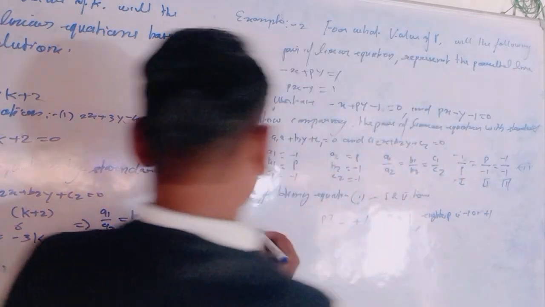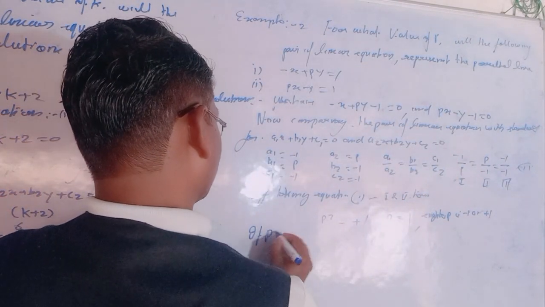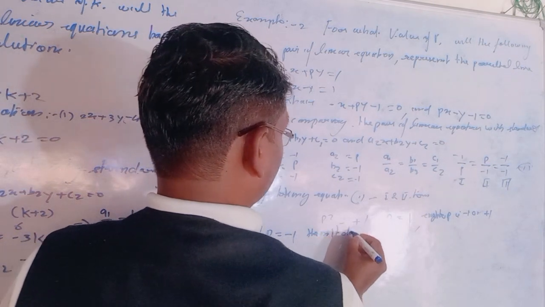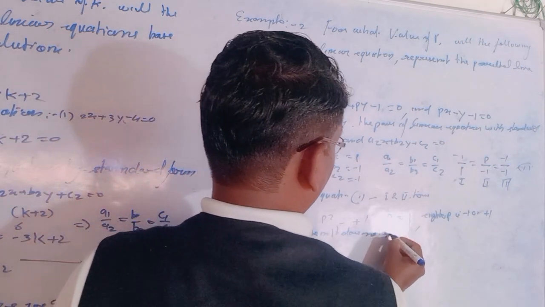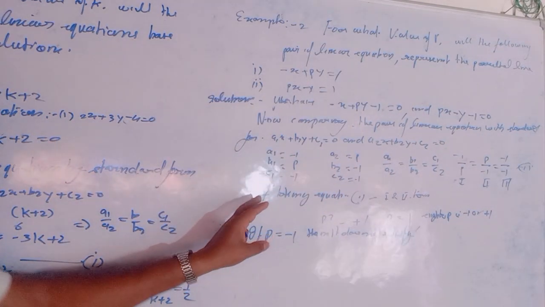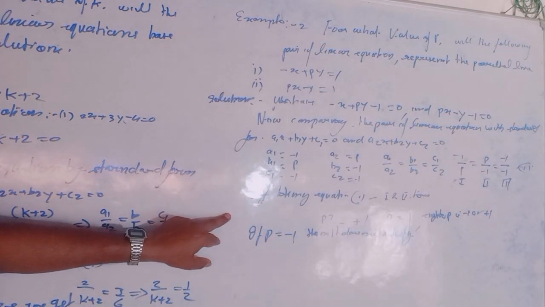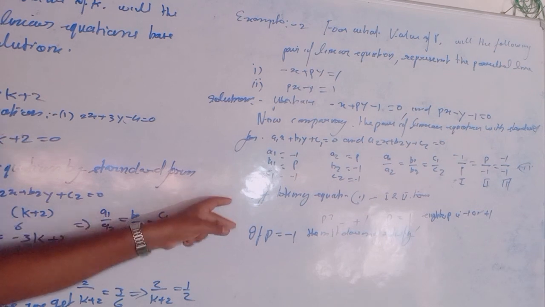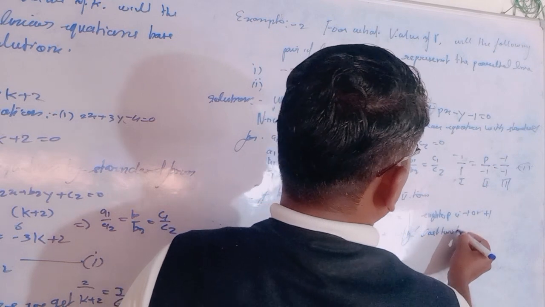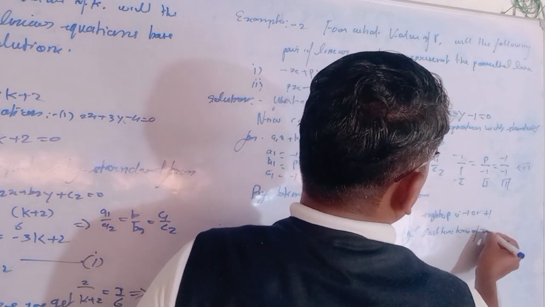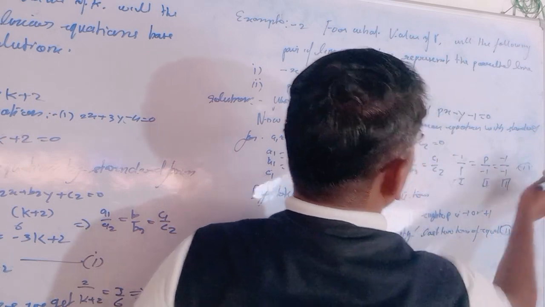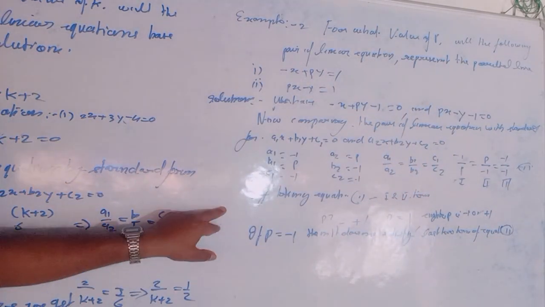If p is equal to minus 1, then it does not satisfy the equations. If we substitute this p value in the last two terms of equation first, they do not satisfy.